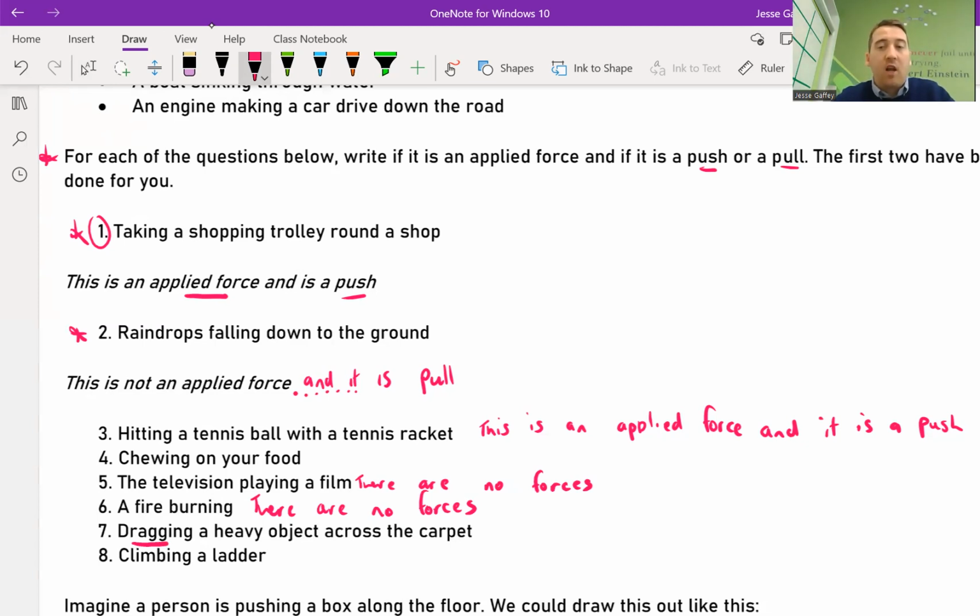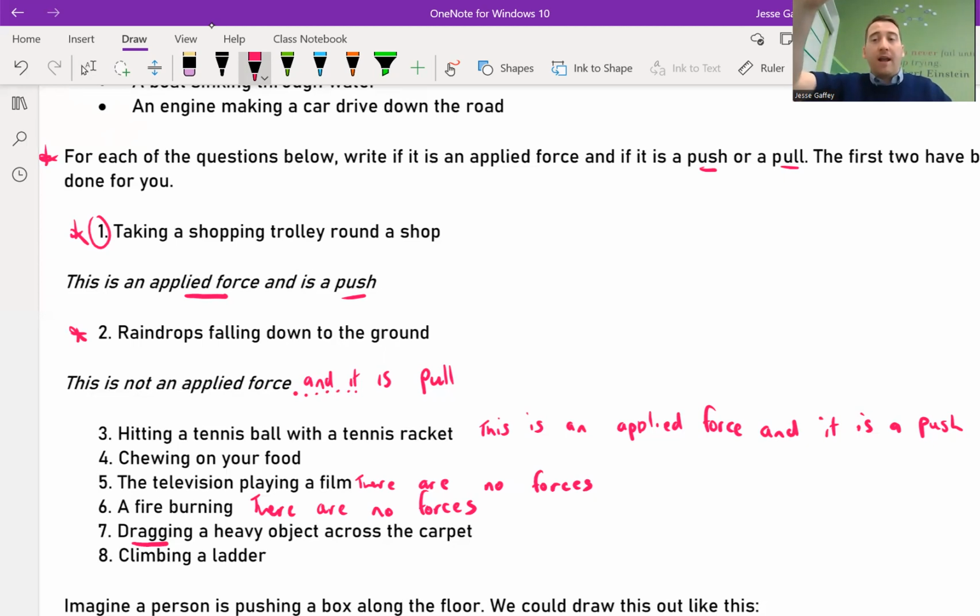Climbing a ladder. This one is definitely quite tricky. There's a lot of stuff going on here to climb a ladder. When I've done this with my students before, they've come up with a variety of answers, but many of them come to the conclusion that actually it's a push and a pull. It's definitely an applied force because there's contact. You can't climb a ladder without being in contact with the ladder, but there's a push and a pull.